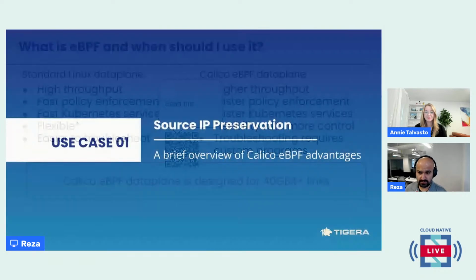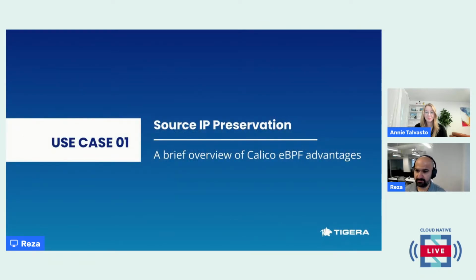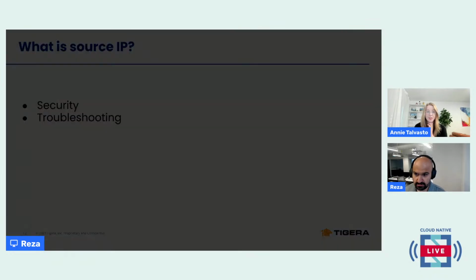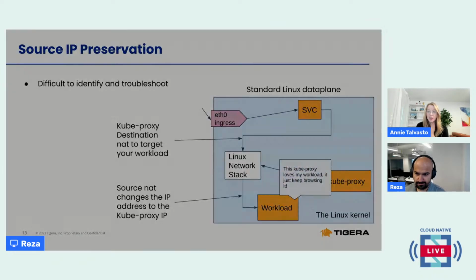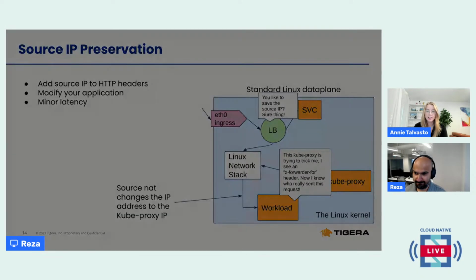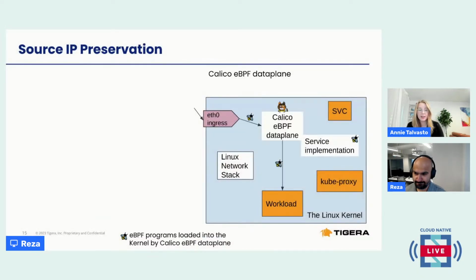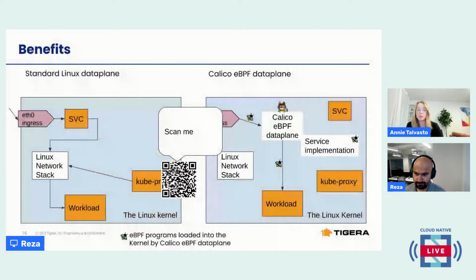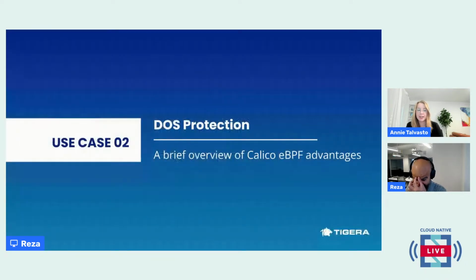All right, so I'm going to skip source IP preservation. And there's an audience question, and I think this could be a good slot for it. We have a question that goes, so this tool will help us prevent against DDoS or scanning cluster in Kubernetes. So yes, that's why I skipped the first use case, and we're at the second use case.